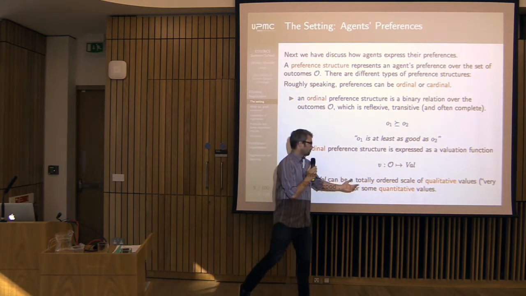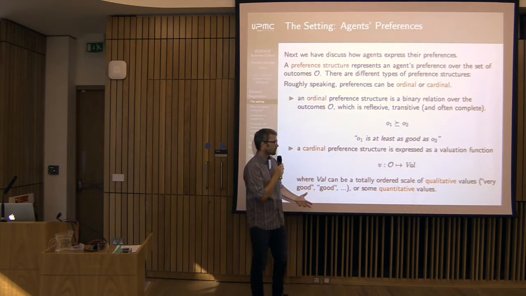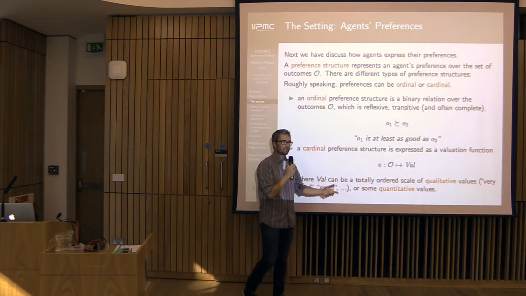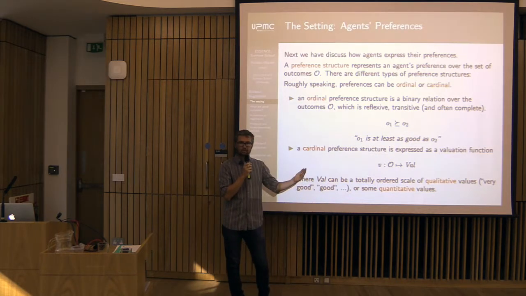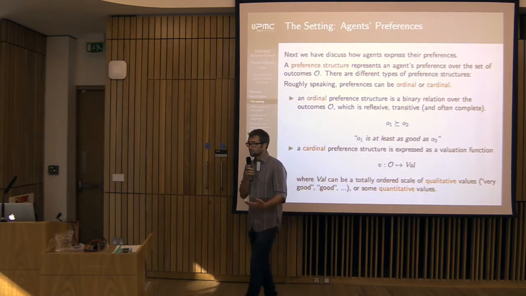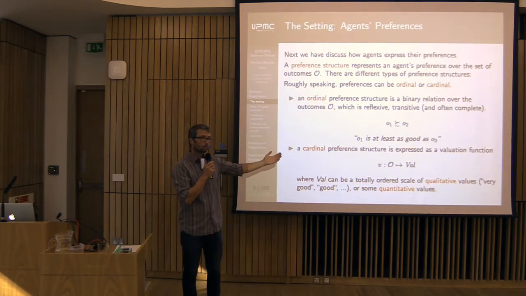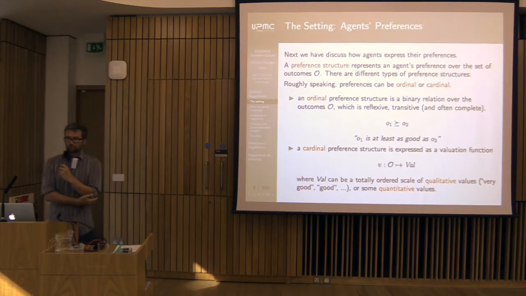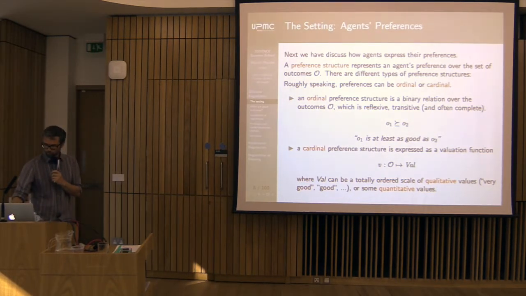It can be a scale of qualitative values, so very good, good, average, not as good to me, and so on, linguistic terms. It can be quantitative values, okay? It can be the reals, it can be integers, and so on. So you give a value to the different outcomes.